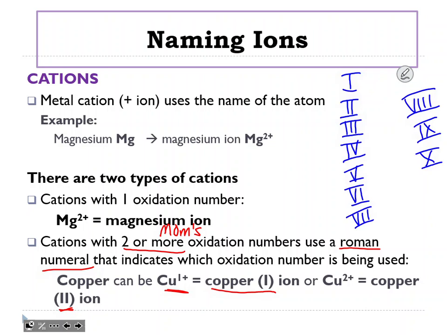Now, I seriously doubt you're going to need to go higher than 7, because manganese has a +7, chromium has a +7, but most of them stay way below, usually 1, 2, or 3 in terms of their charges, maybe occasionally a +4. But for the most part, this is the Roman numeral system. If you don't remember it, you can write it down. So just to reiterate, this one is 1, this is 2, 3, 4, 5, 6, 7, 8, 9, and 10.